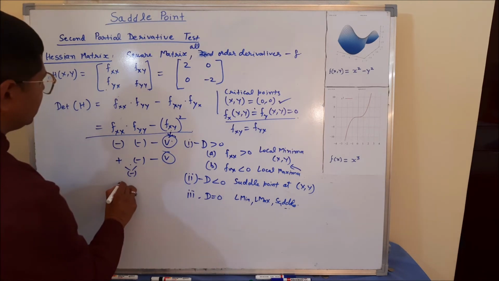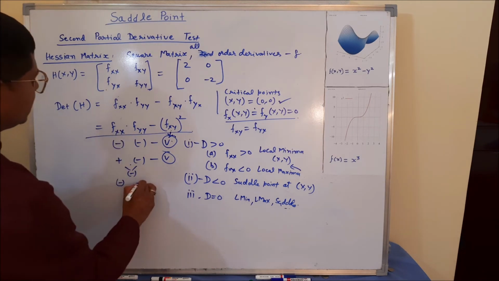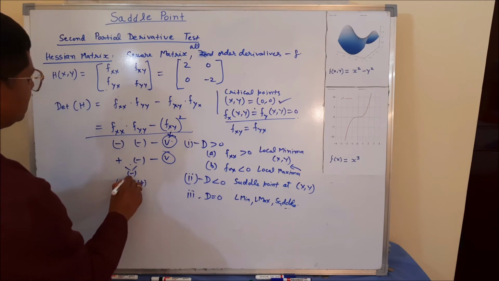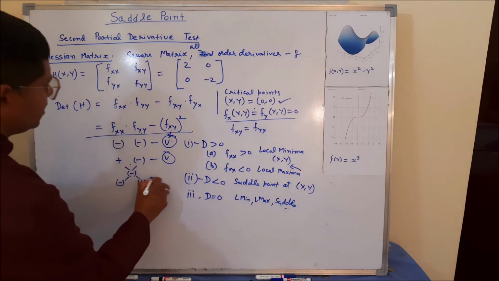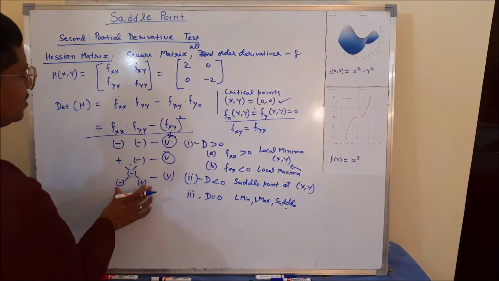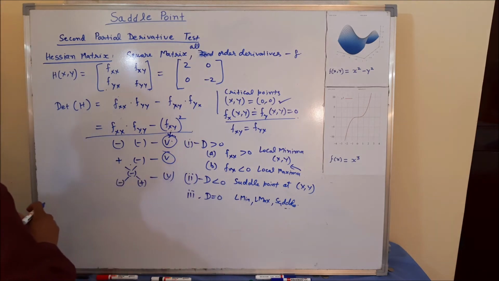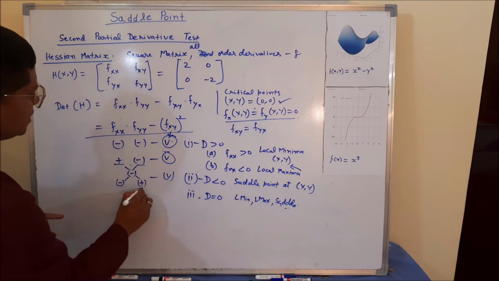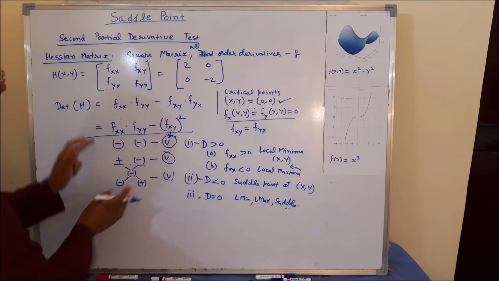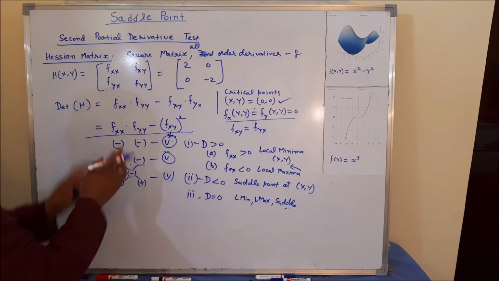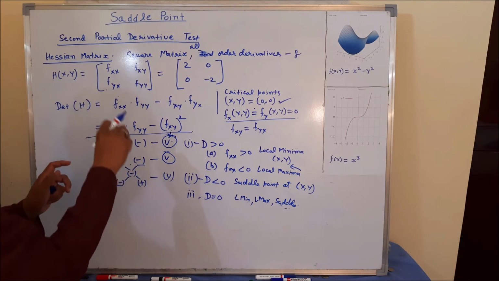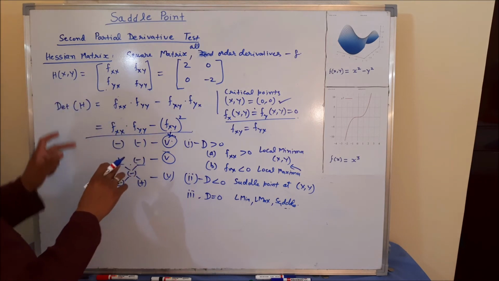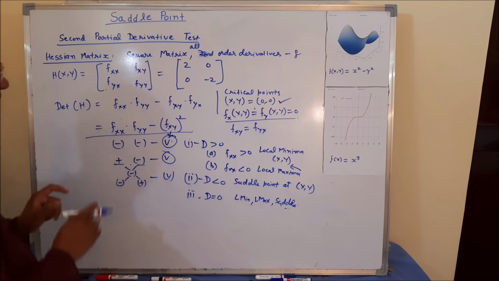And the same thing will happen if fxx is negative, and if it is the positive thing, then whatever the value here, the determinant will be negative. So this means some positive and negative concavity in the x and y axis is actually creating the issues.